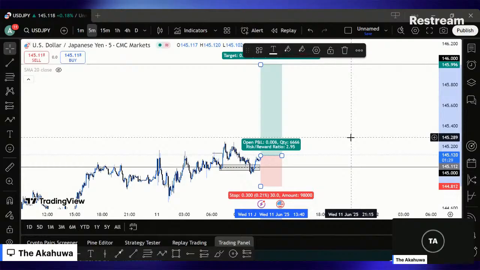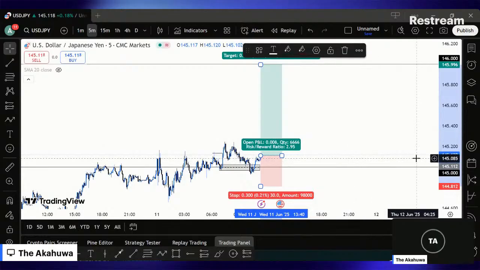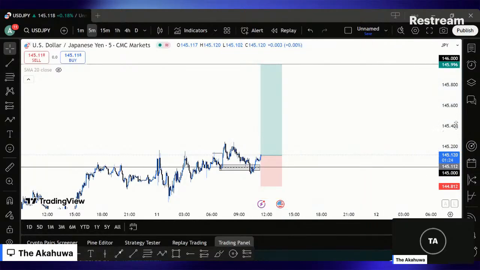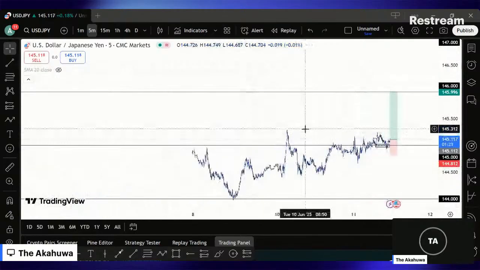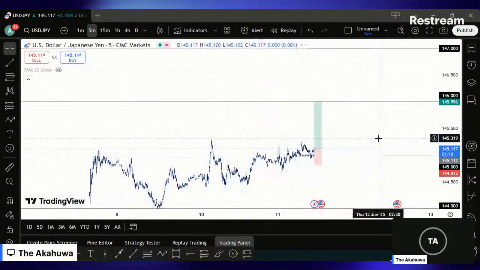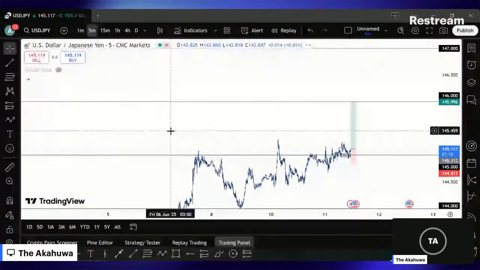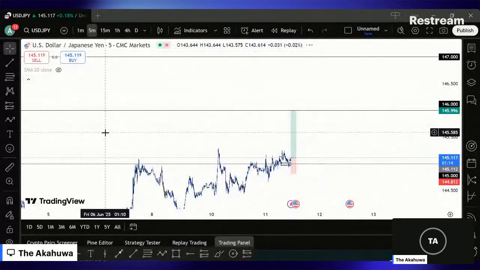This is 1 is to 2.9, almost 1 is to 3. So guys, we can go in for this now. Aggressive buy on USD JPY.